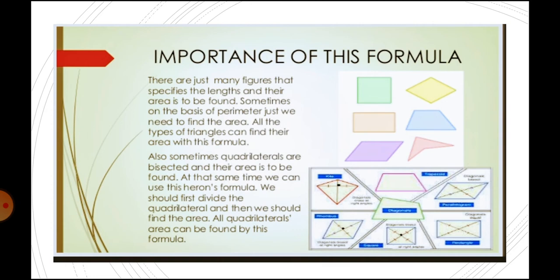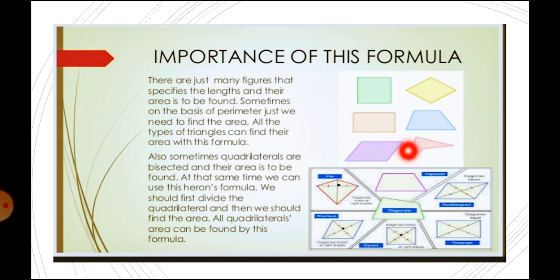Importance of this formula: there are many figures whose lengths are specified and their area is to be found. Sometimes, on the basis of the perimeter, we need to find the area. All types of triangles can find their area with this formula.